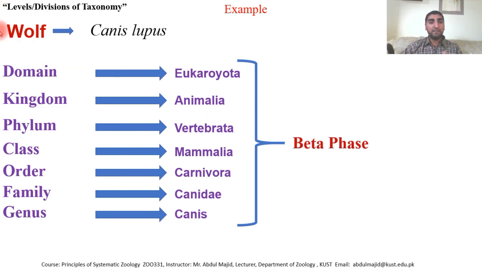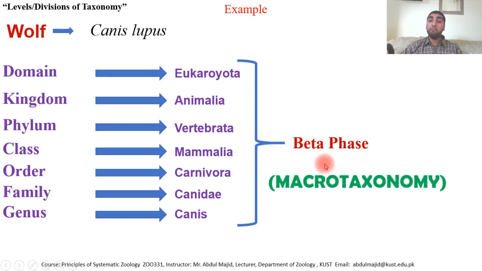When you have identified Canis lupus, you place this identified species into genus, family, order, class, phylum, kingdom, and domain. That means you place this wolf into Canis, Canidae, Carnivora, Mammalia, Vertebrata, Animalia, Eukaryota. So this phase is called beta phase or beta taxonomy, which in turn is macrotaxonomy.